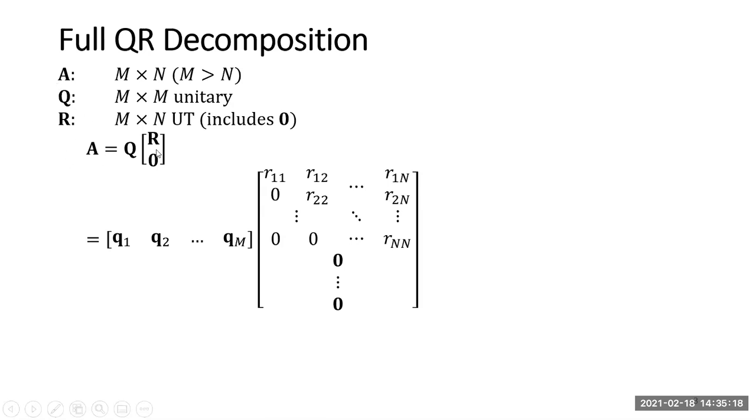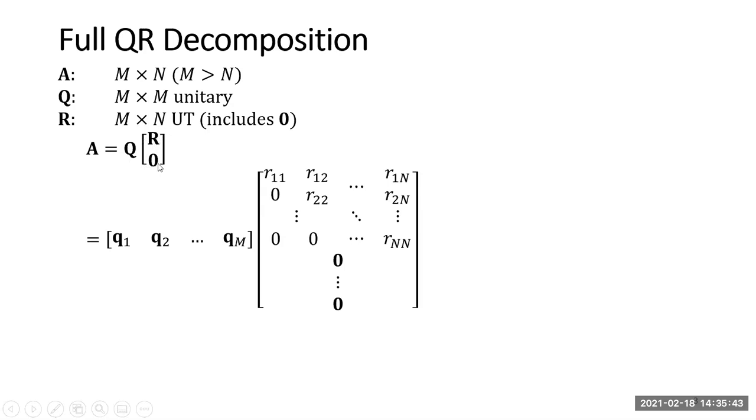And then here, A equals Q R0. This R here is an M by N upper triangular matrix. Actually, this R0 here is an N by N matrix.